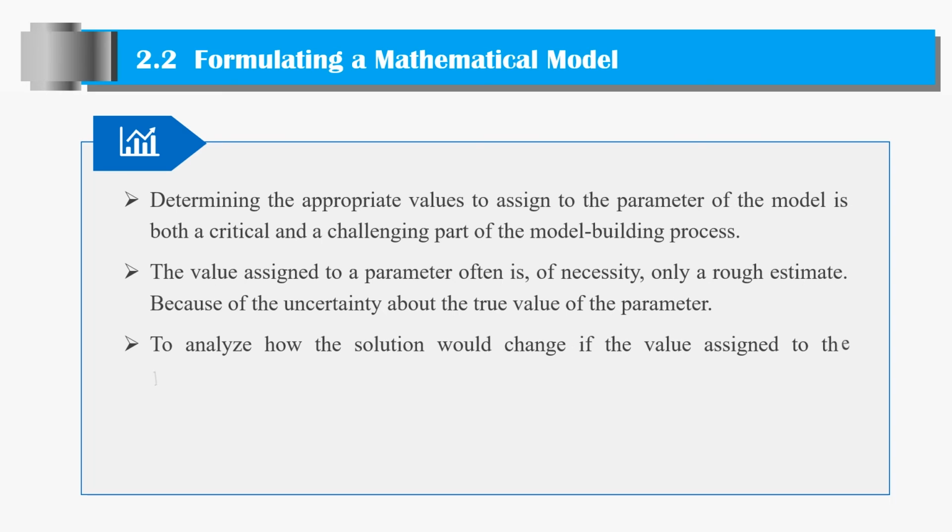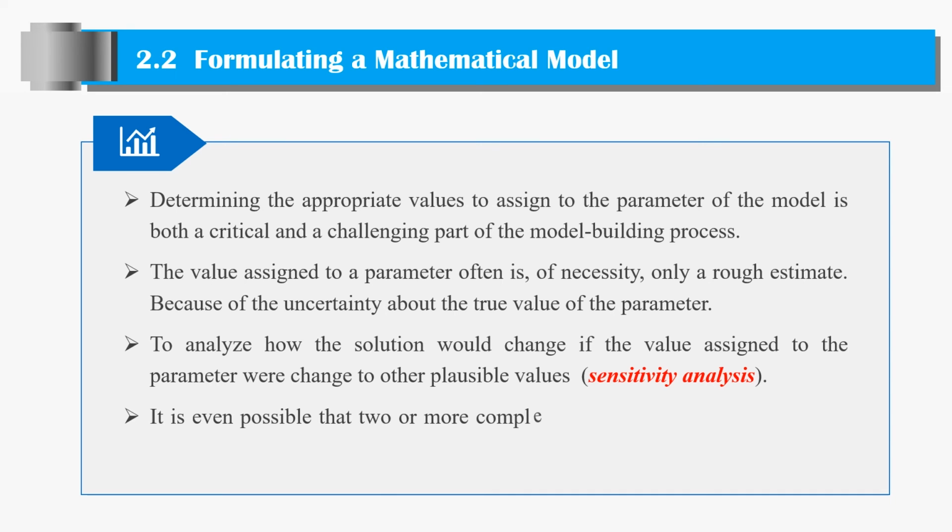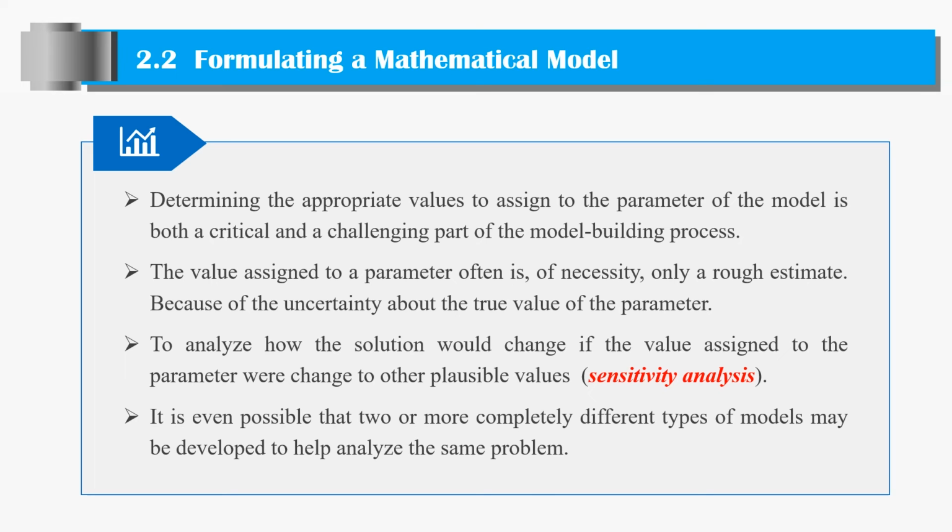To analyze how the solution would change if the value assigned to a parameter were changed to other possible values, we can do sensitivity analysis. It is even possible that two or more completely different types of models may be developed to help analyze the same problem.